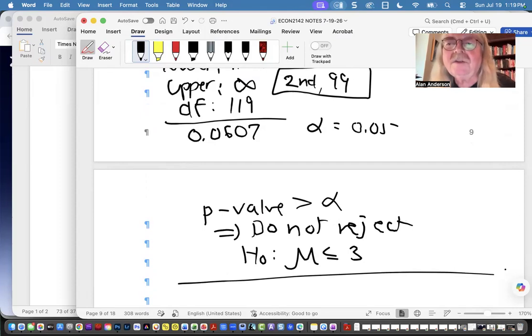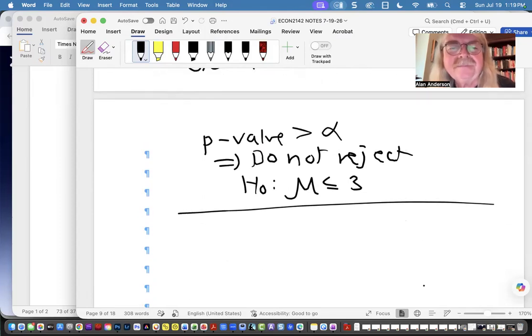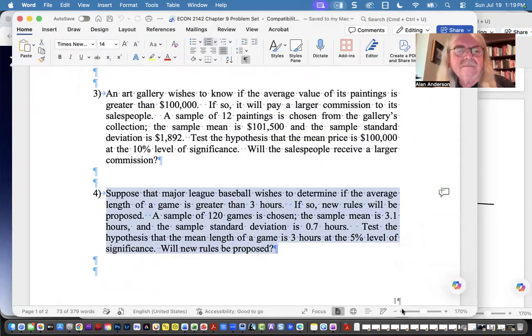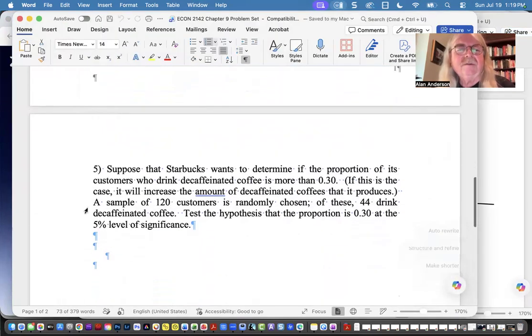All right, now I think the next question is actually a little bit different. It's about proportions. So they're not all the same like this one. What is number 5 all about? Here we go. Proportions.